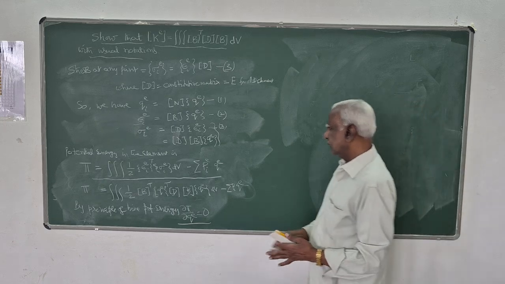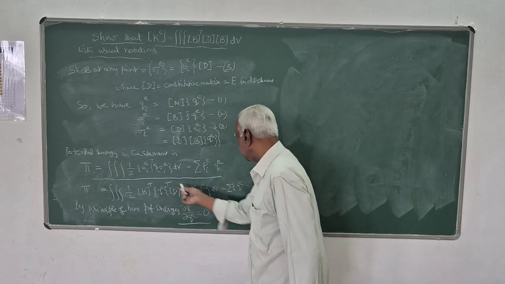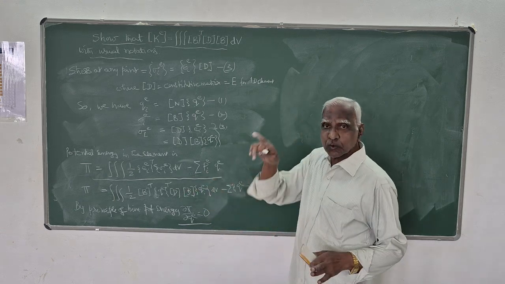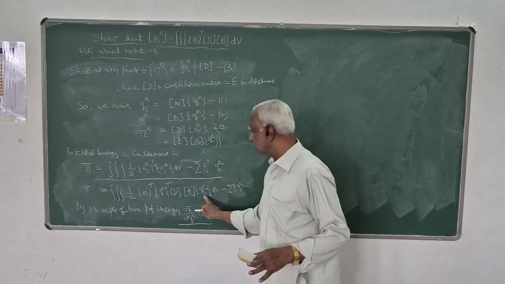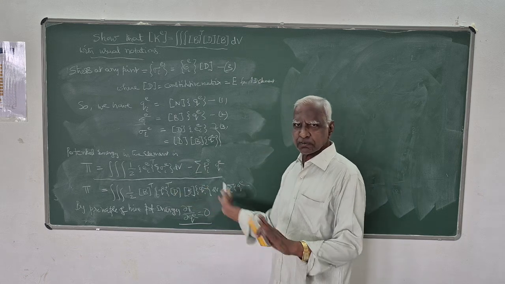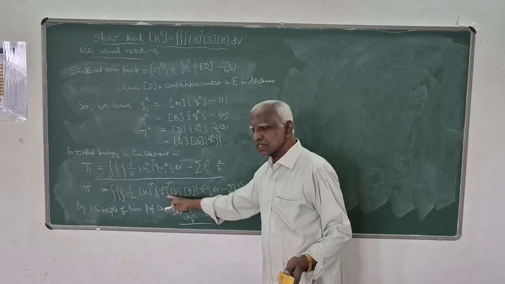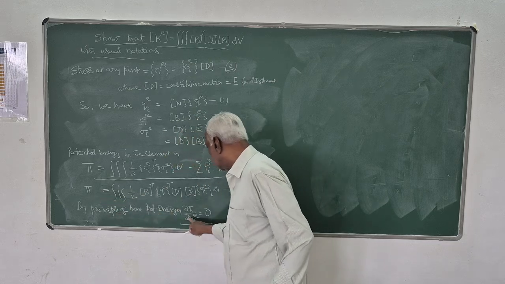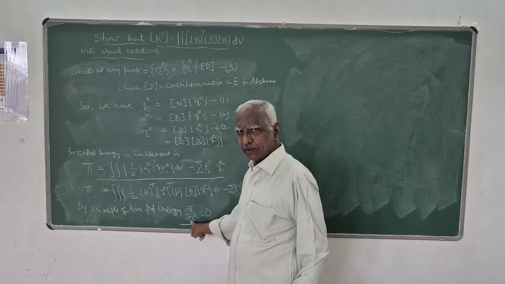So now here, QE transpose into QE is nothing but QE squared, because both are of same order, one the transpose of the other. If you multiply, you will get QE squared. So we are differentiating partially with respect to QE.